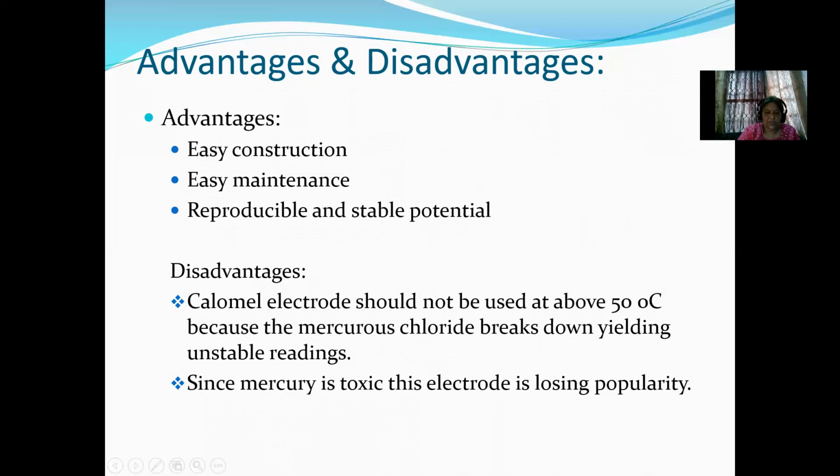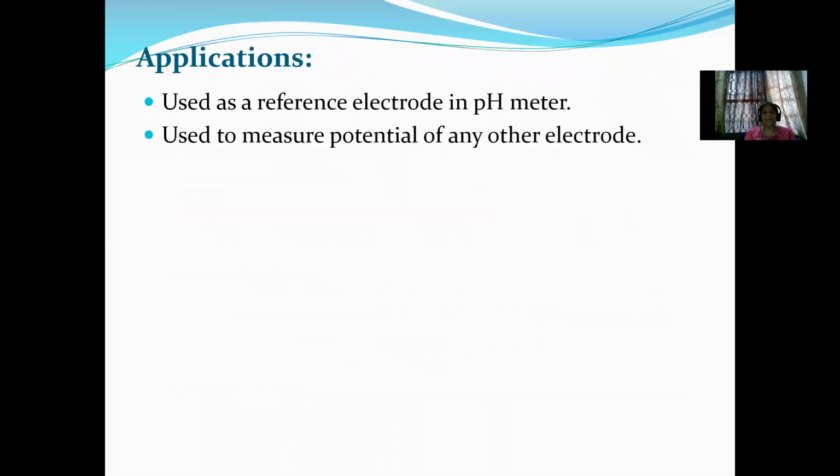So these are the disadvantages, but if we handle it properly, this is a very convenient secondary reference electrode. The most widely used application is in a pH meter. The glass electrode and the calomel electrode can be combined together, and this glass calomel electrode assembly can be used to measure the pH of any solution or water sample.